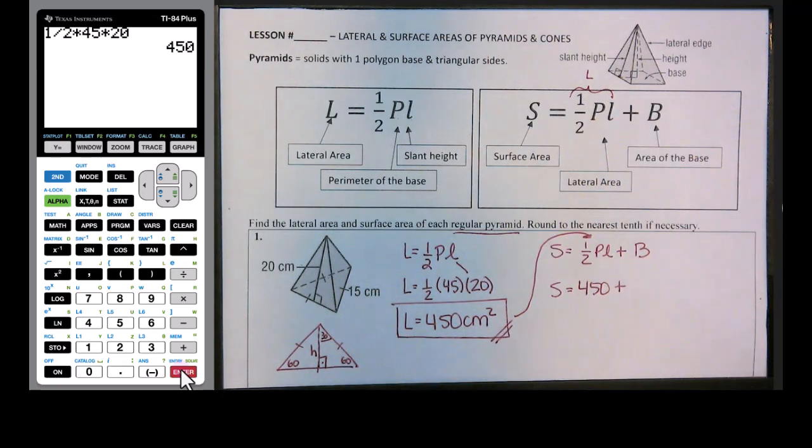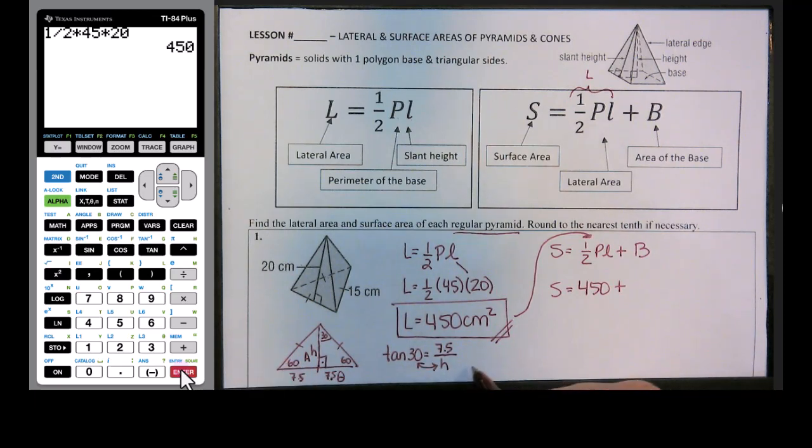So therefore I can use trigonometry, because this would be the opposite and this would be the adjacent. To find the height, all I have to do is tangent of 30 equals the opposite side, which we know here, this is 15, so each half would be 7.5. So my opposite side is 7.5, and my adjacent side would be h.